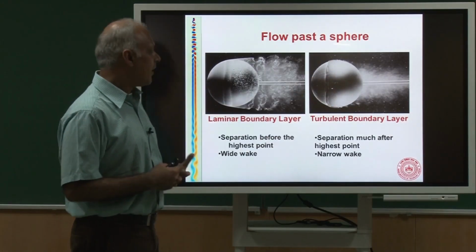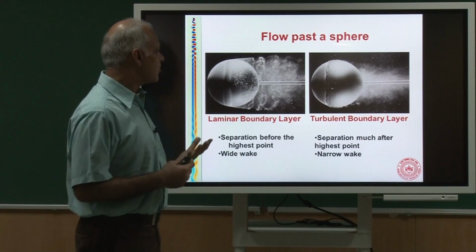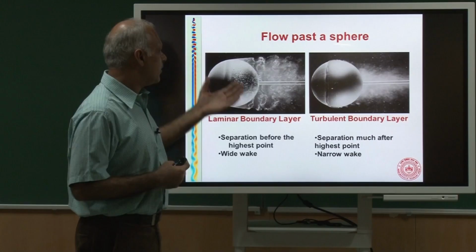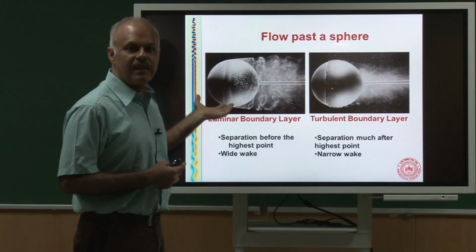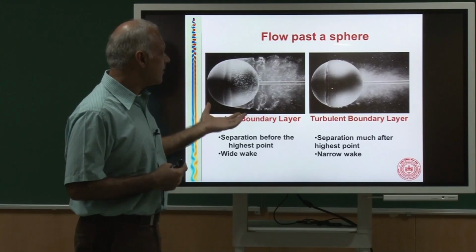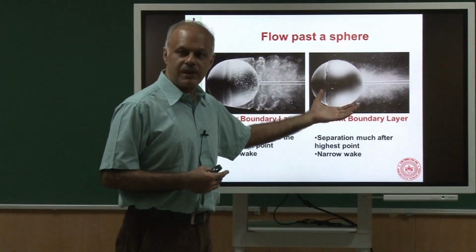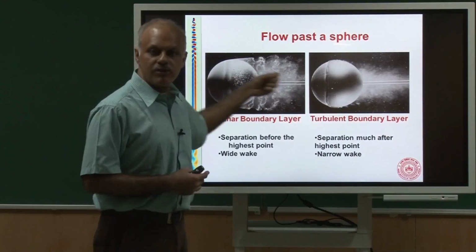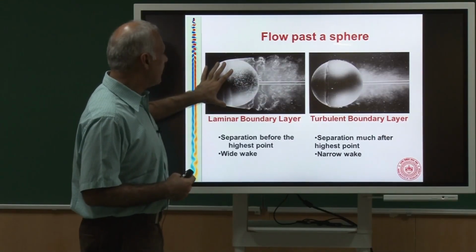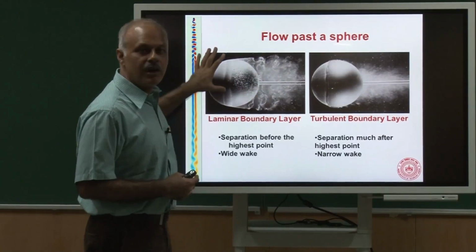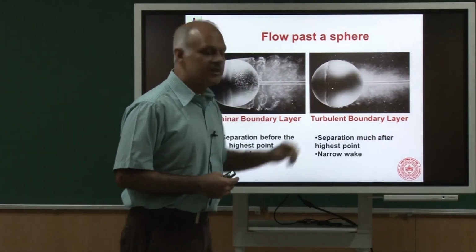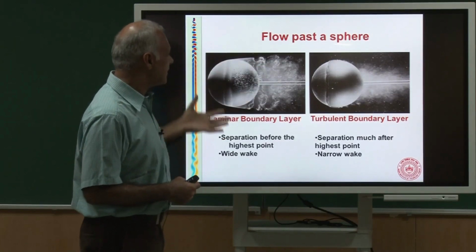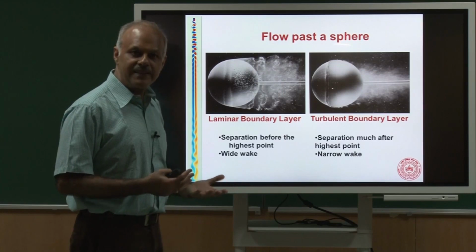In fact, I can ask you a question which you could answer just from intuition: which of these two bodies would have less drag? Intuitively I would pick this one. This should have less drag, because when I pull this body through the flow, the one with the laminar boundary layer disturbs the flow a lot more than the one with a turbulent boundary layer, and because this disturbance is large, somebody must be supplying the energy to the fluid.